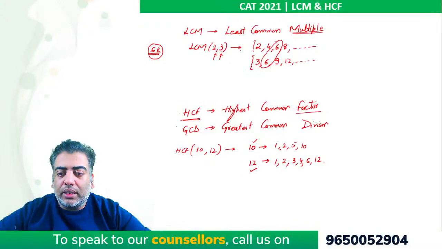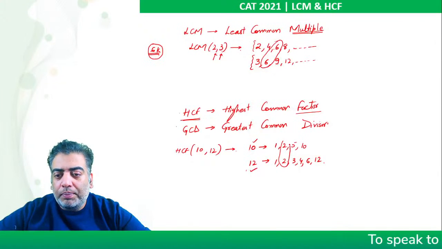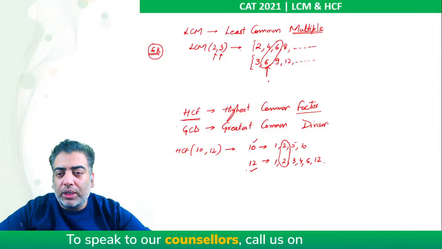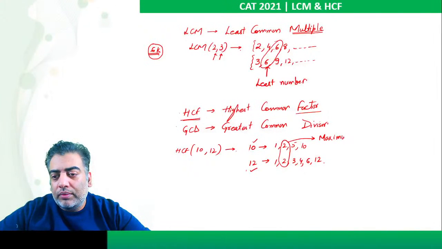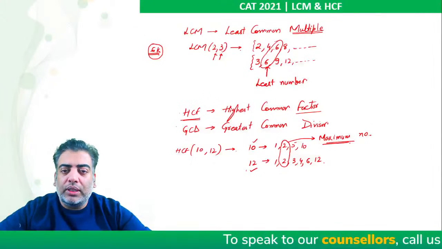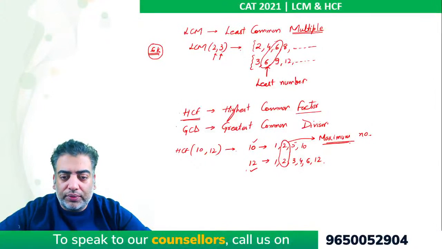So the largest number that can divide both the numbers will be common among these two series. And we can clearly see the largest number that is common between both the series comes out to be 2. So here we are focusing on the least number, and here we are focusing on the maximum number, right?